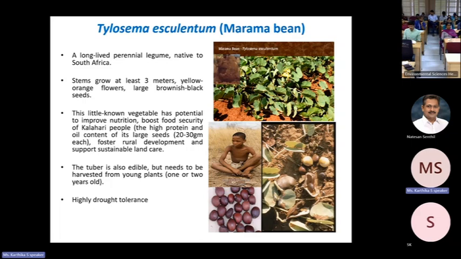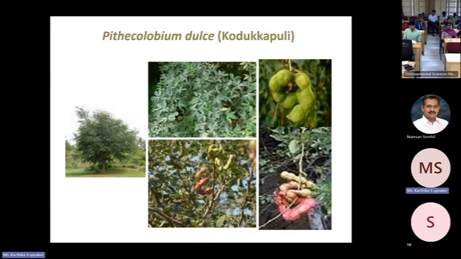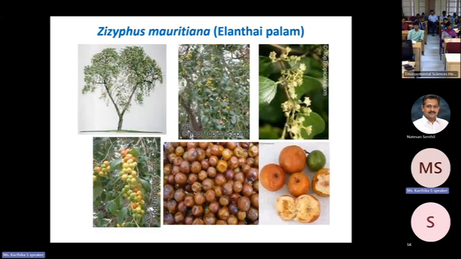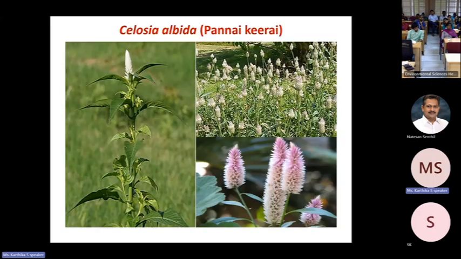During drought conditions, you can use this one. Then Pithecellobium dulce, you know already, Sinipuliyanga, Manila tamarind. So many applications, just equal to conventional crops. So different parts we can use. And then Jatropha curcas and Celosia argentea.